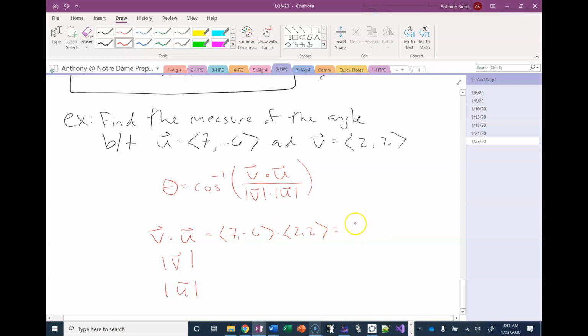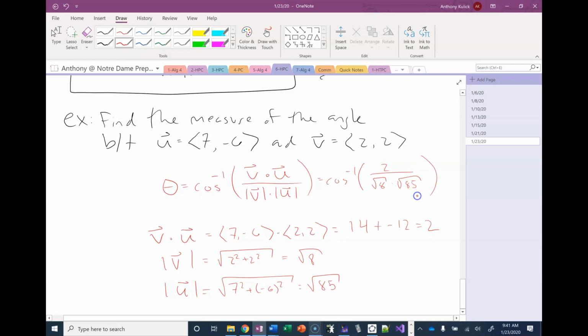So let's see, 7 times 2 is 14, plus -6 times 2 is -12. So the dot product of those two vectors is 2. The magnitude of v is just the square root of 2 squared plus 2 squared, so that's the square root of 8. And the magnitude of u is 7 squared plus -6 squared, square rooted, so that's the square root of 85, I think. So when I plug these in, I'm just going to take the cosine inverse of 2 over the square root of 8 times the square root of 85.